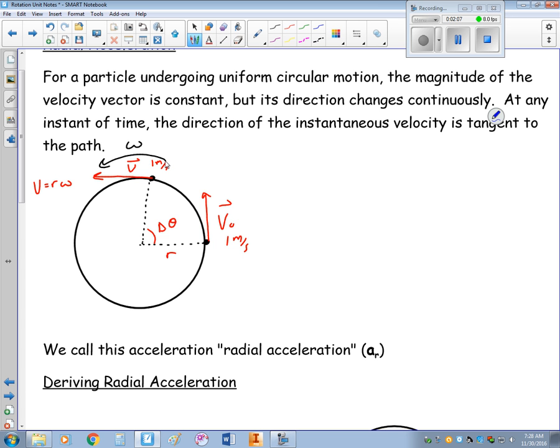So since velocity is a vector, it has direction. Since the direction is changing, that means the velocity is changing.